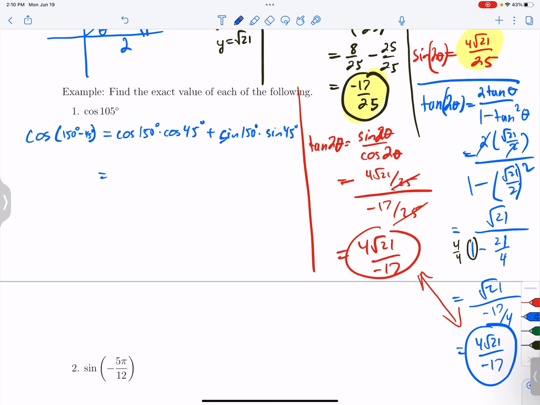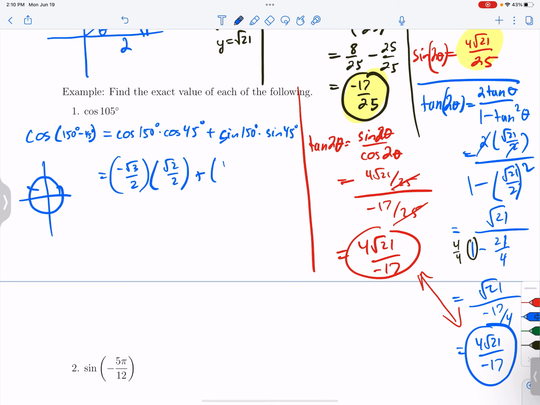So cosine of 150, that is quadrant 2, that's a negative root 3 over 2. Cosine of 45 is root 2 over 2, plus sine of 150 is 1/2. Sine of 45 is root 2 over 2.